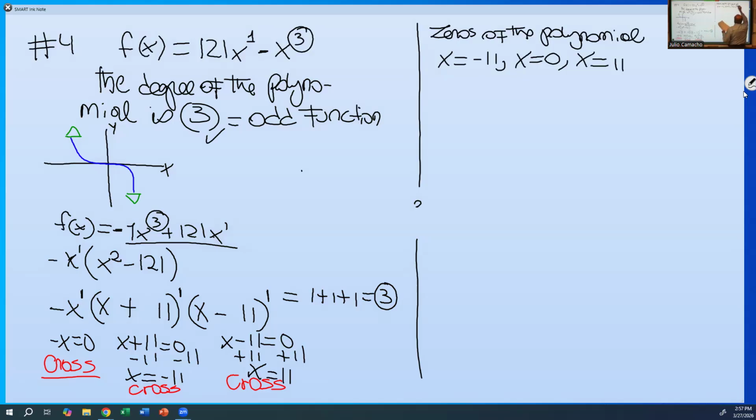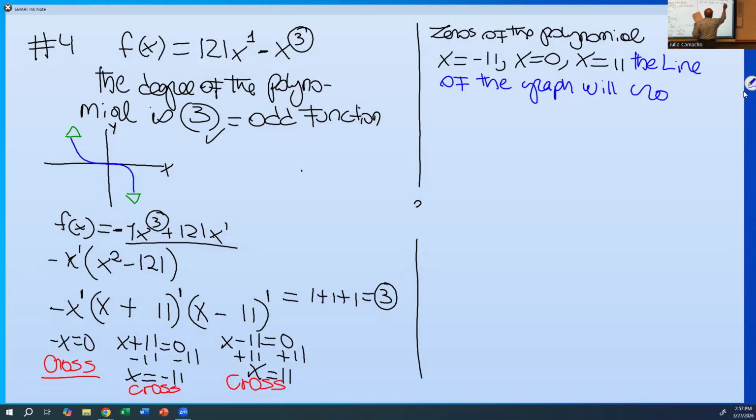In all these places, we can say that the graph will cross the x-axis in three places.